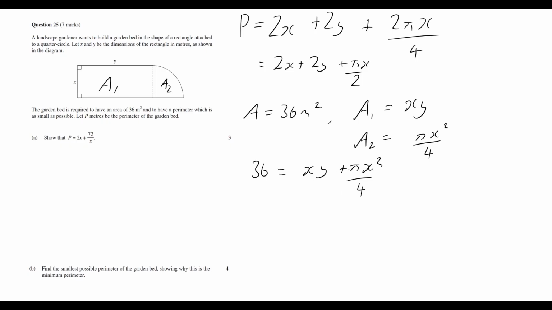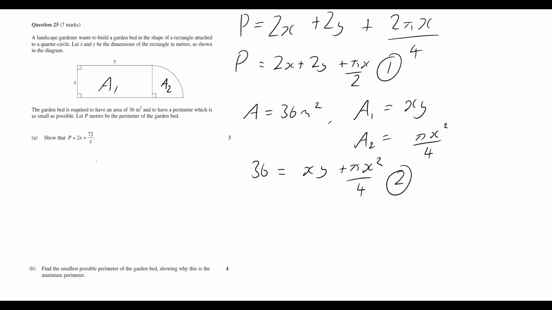Okay, so now what we need to do is start looking at these two equations that we have over here. So we've got equation 1 and equation 2. So what I think we should do is try and solve equation 2 for our variable y, so that we may substitute that back into equation 1, since we know that they want the perimeter in the form where we only have x values in there.